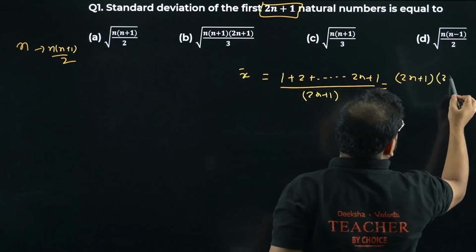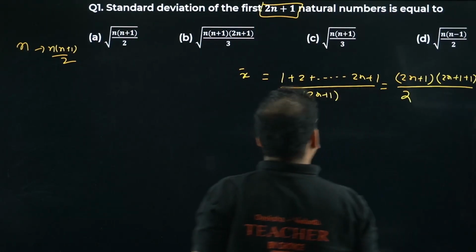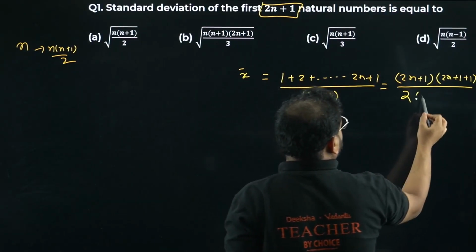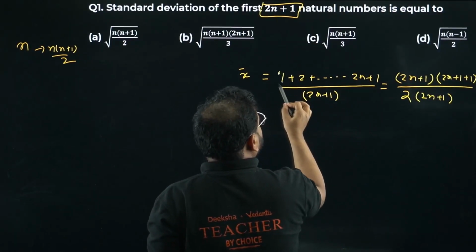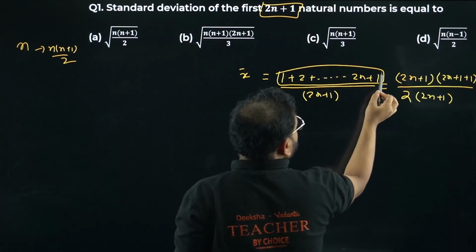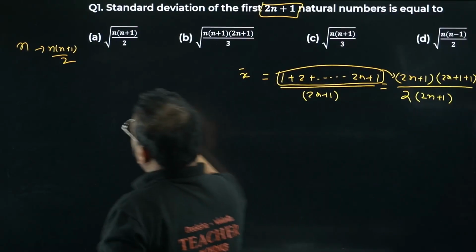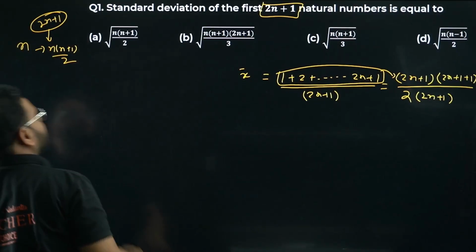So right here, 2n plus 1 divided by 2. Please check, 2n plus 1 times 2n plus 1 by 2, because I'm putting this n value as 2n plus 1. I hope you get this.